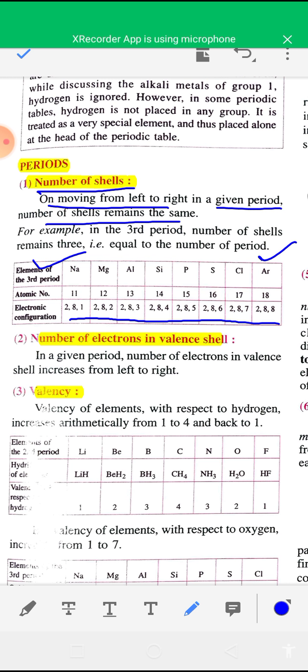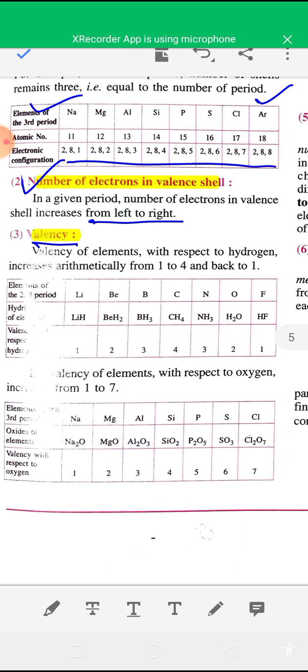And the number of electrons in the valence shell also increases one by one from left to right in a given period. And valency first increases, then decreases.